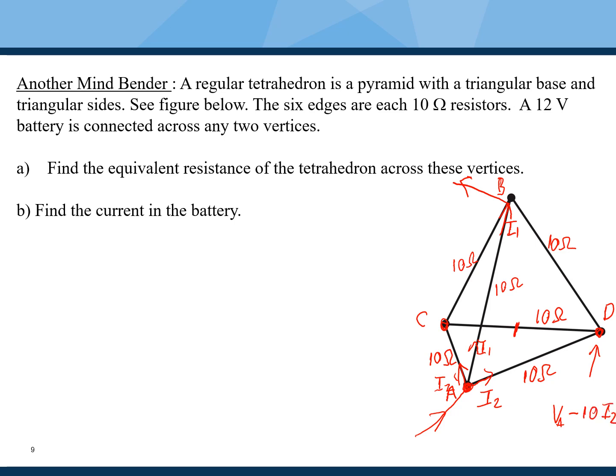The voltage at C again is equal to the voltage at A minus 10 ohms times I2, because leg AC has a 10 ohm resistance and also a current given by I2.